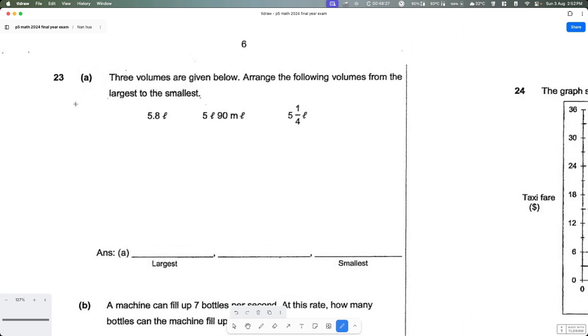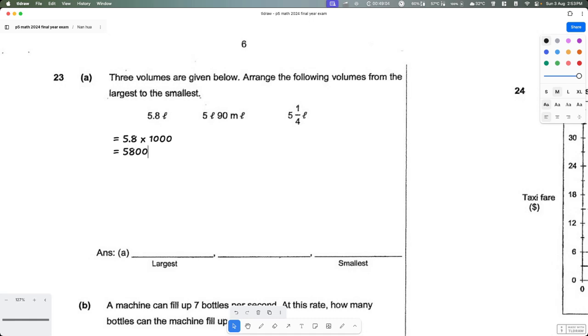I don't know why they have part A. 23 part A, three volumes are given below. Arrange the following volumes from the largest to the smallest. I think the easiest way is to convert everything to milliliters. So in this case, 5.85 liters, 5.8 times 1000 equals 5800 milliliters.